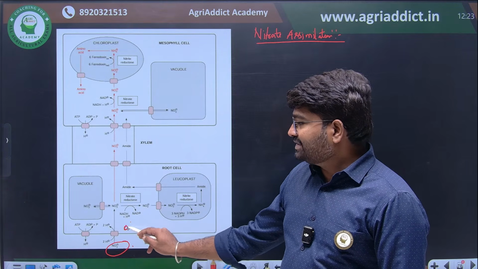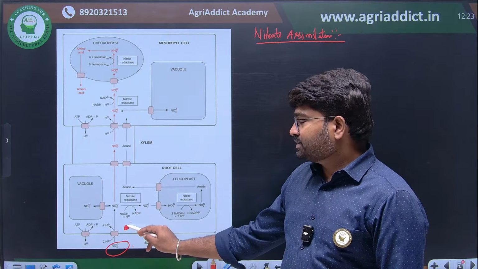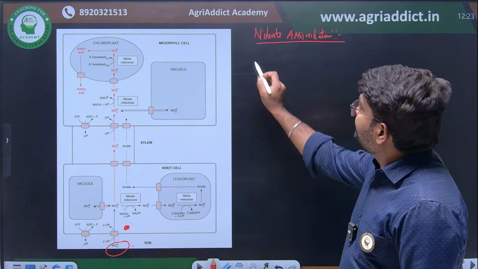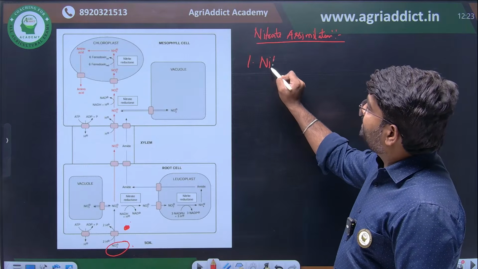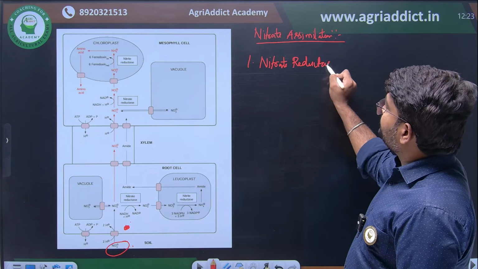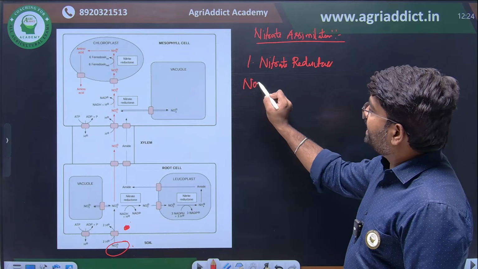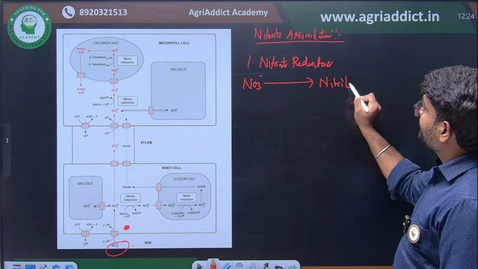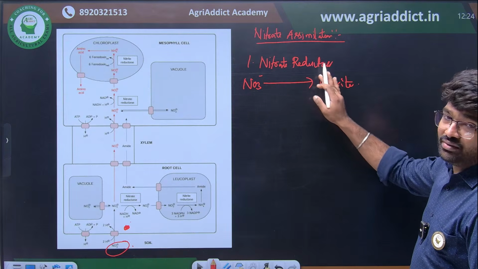Once it reaches the root cells, there are two different enzymes. One is nitrate reductase. What this will do is convert the nitrate into nitrite.